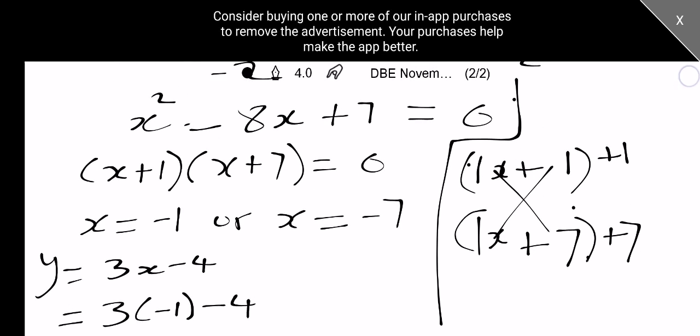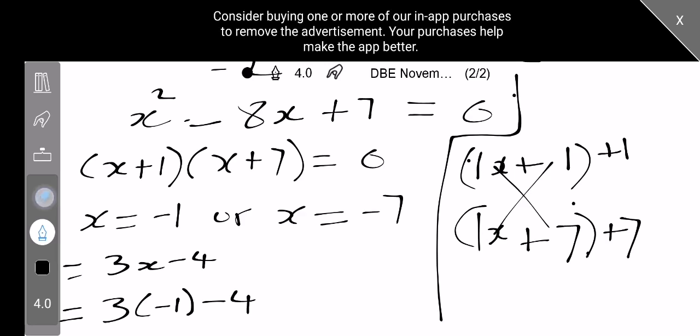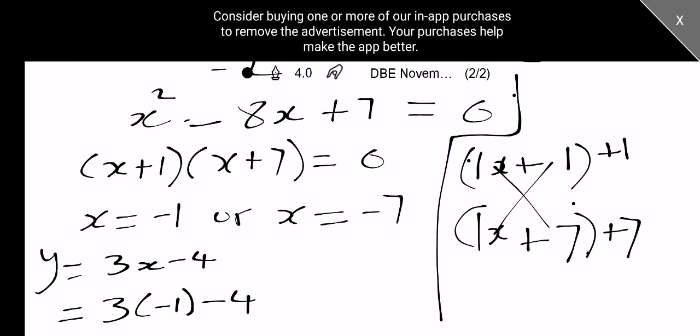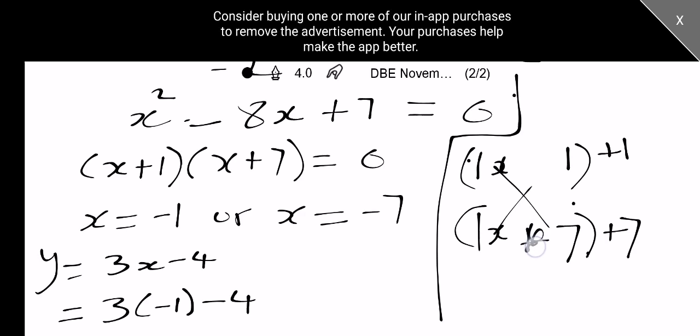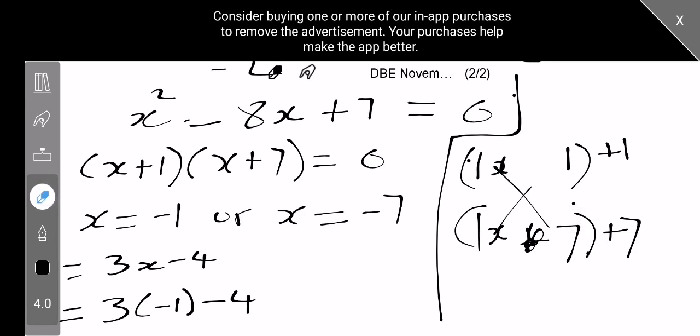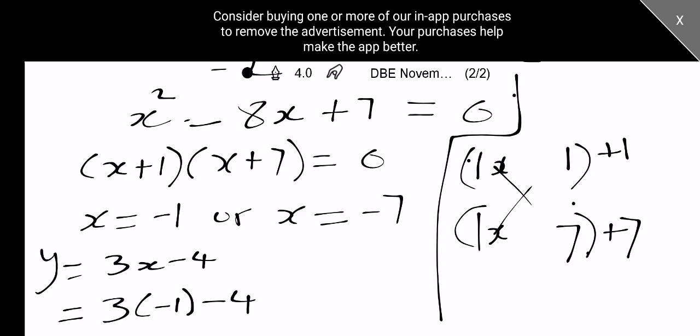Yes, so that means what we've been doing here was a mistake. Okay, so I'm happy that I made this mistake, because now we've got 2 different signs here: negative 8x and positive 7.